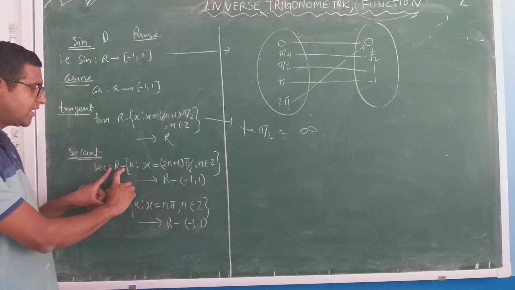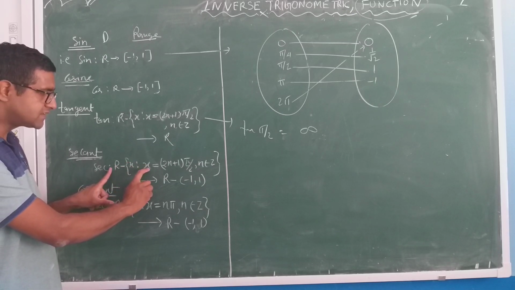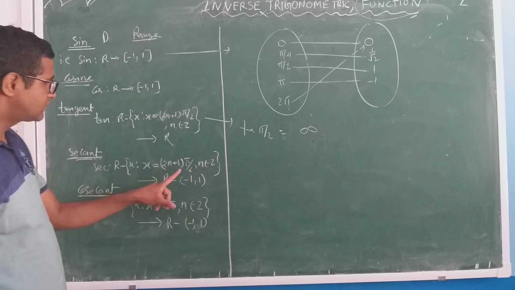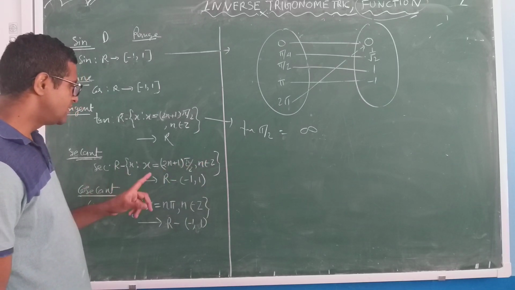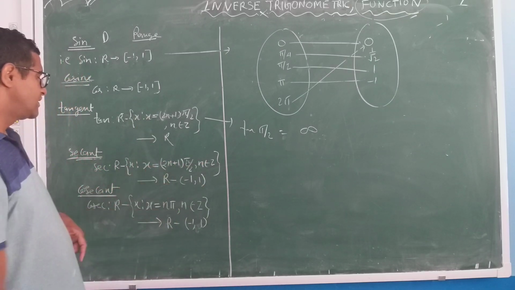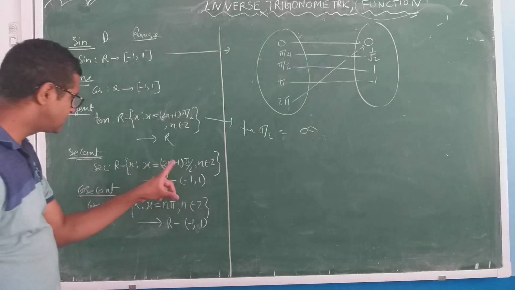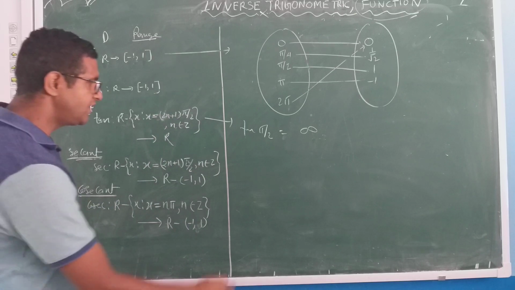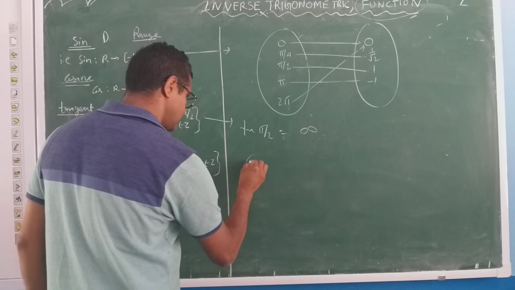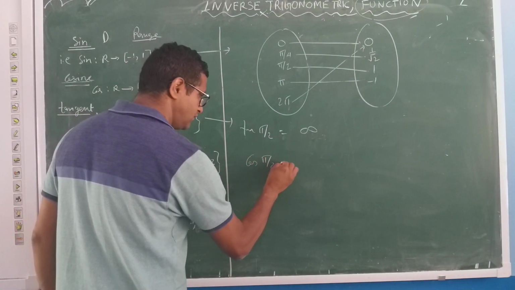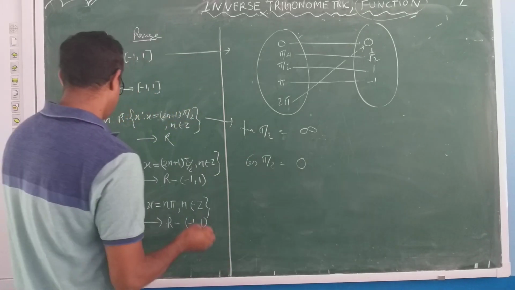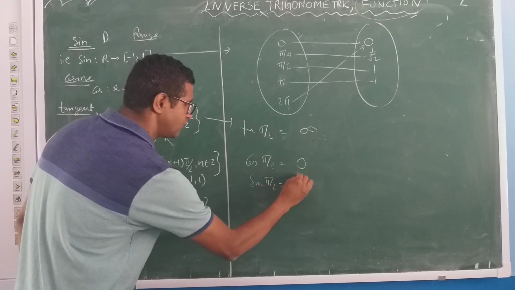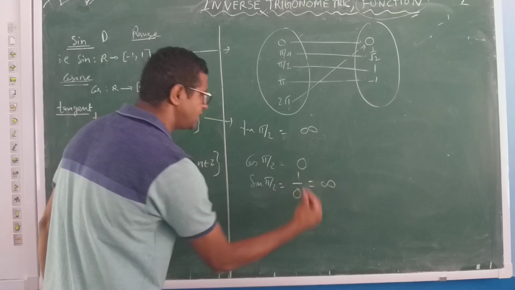Now you can see the second function, sec. The domain is R minus x such that x equals (2n+1)π/2. Let us understand why. My dear student, since cos 90 equals 0, by trigonometric identity sec 90 equals 1 upon 0, which means infinite.